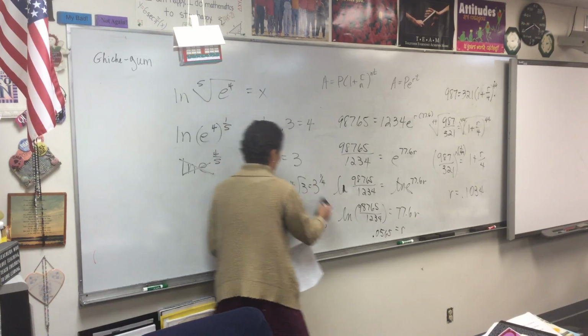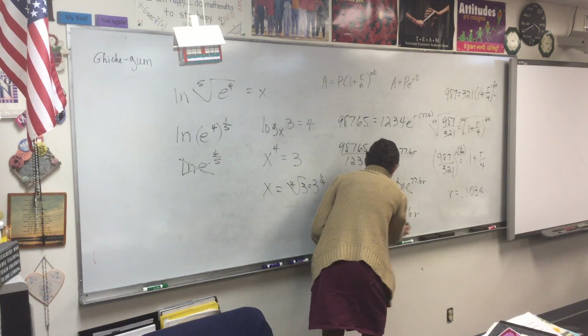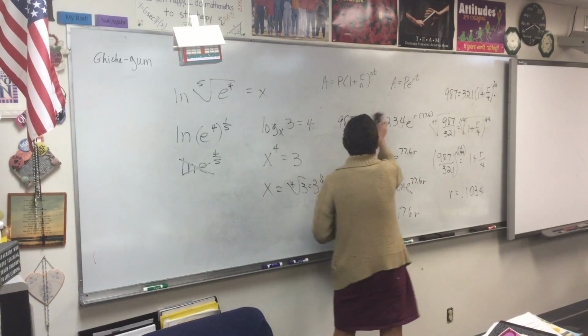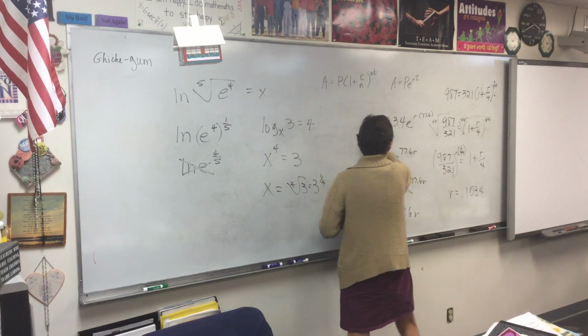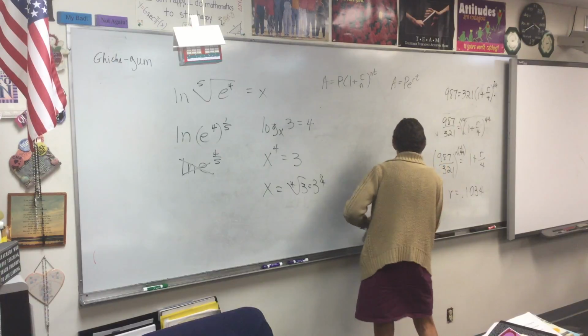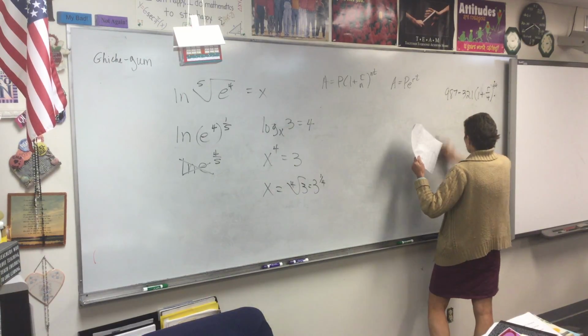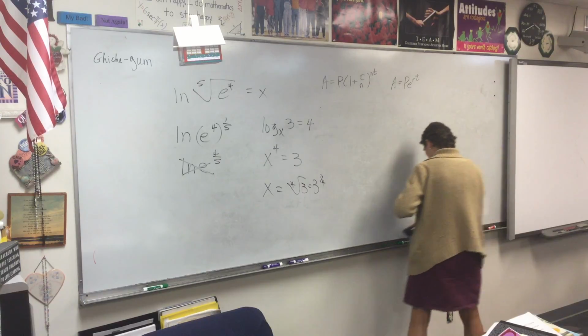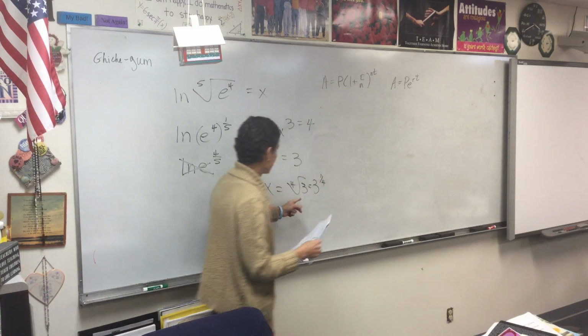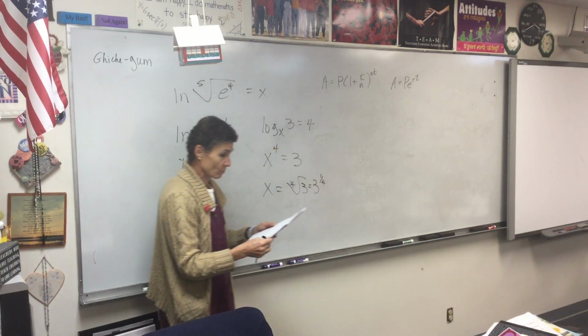You're going to take the 4th root of both sides in order to solve that equation. Just like here, you took the 44th root, here you're taking the 4th root of both sides. And it's a no calculator problem, so you're just going to leave it as either the 4th root of 3 or 3 to the 1/4.